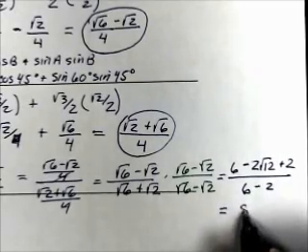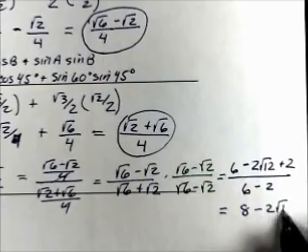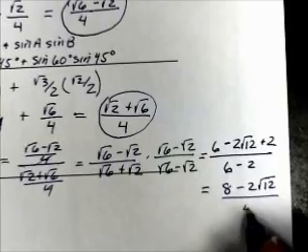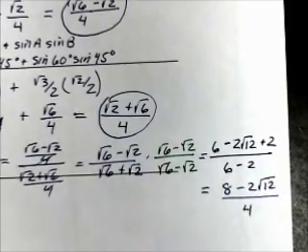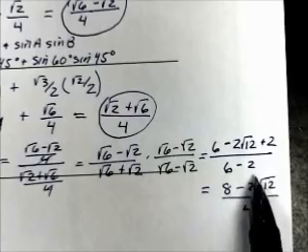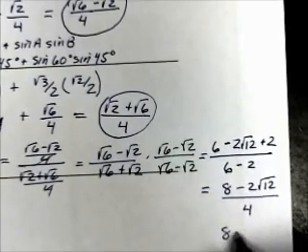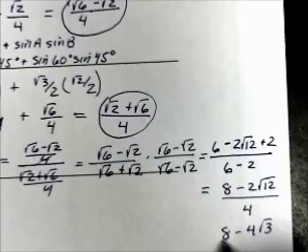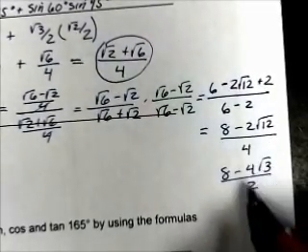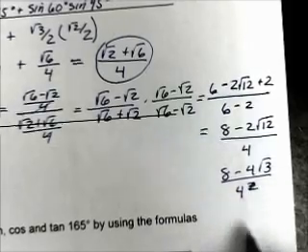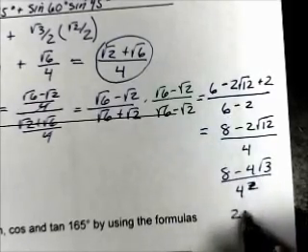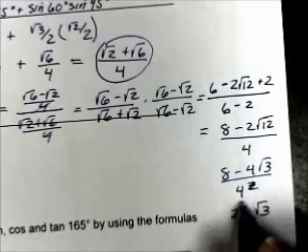Reducing, we have 8 minus 2 square root of 12 all over 4. And yes, we'll have to simplify the square root of 12. I'm thinking 4 times 3, and the square root of 4 is 2. So 2 times 2 is 4, so 8 minus 4 square root of 3 all over 4. And then reducing, dividing each by 4, we end up with 2 minus the square root of 3.